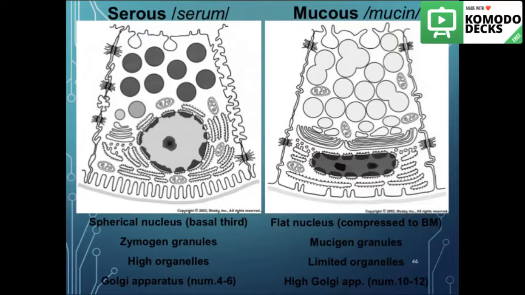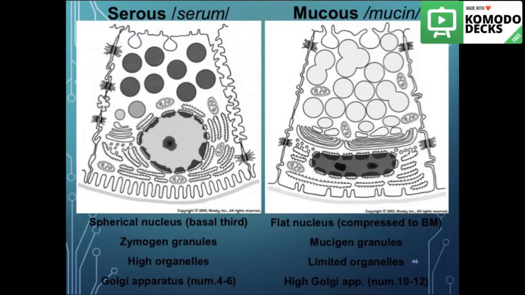Zymogen granules rich in protein for the serous, while mucogen granules are rich in glycosylated proteins. We have more organelles in the serous because it is more active in protein synthesis. We have limited organelles in the other.